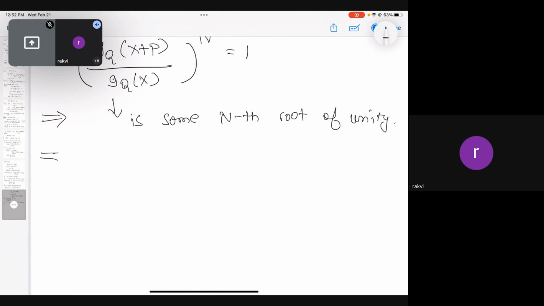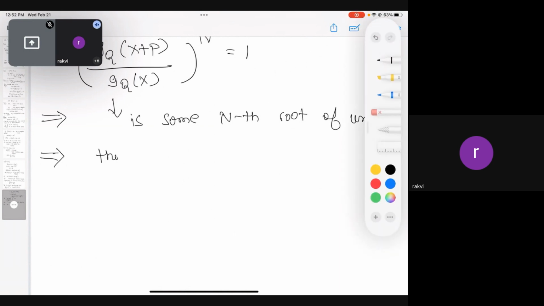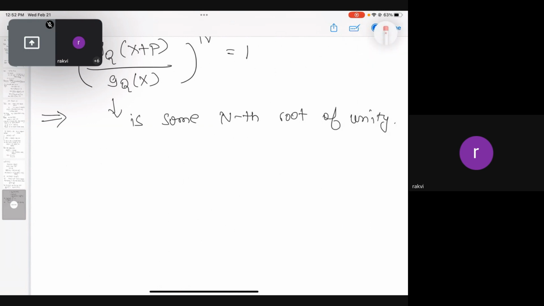So this does not depend on x. And I'm saying it's not trivial.